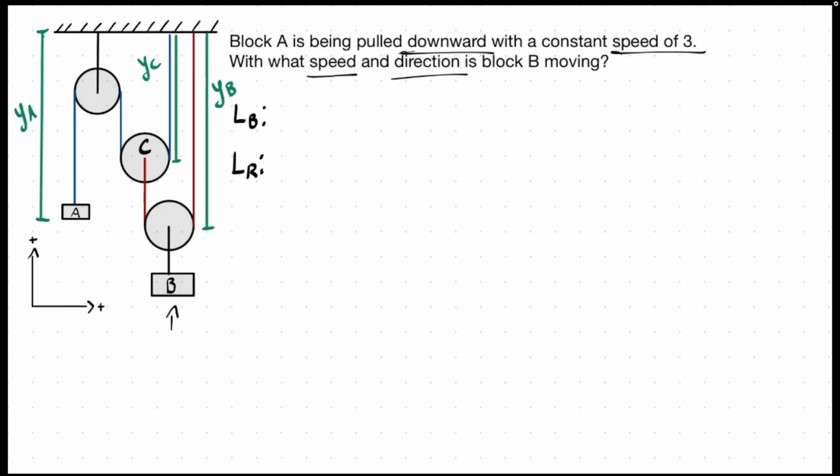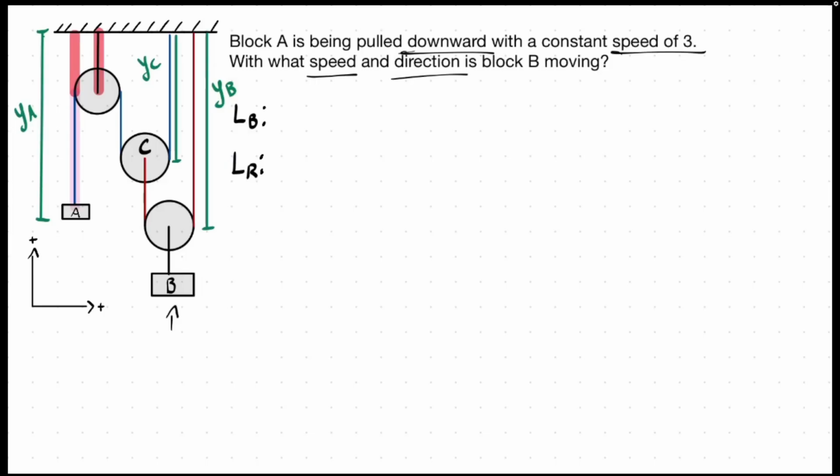I'm going to use a highlighter so that we can see as I go. So this section of rope, over here on the left side of this pulley, what is that length? It ends at YA, the length there at the end. But there's some distance here above it that we don't have an exact measurement for. And if you notice, that distance is just the same as this right here, and that is never changing because that pulley is fixed to the roof at that point.